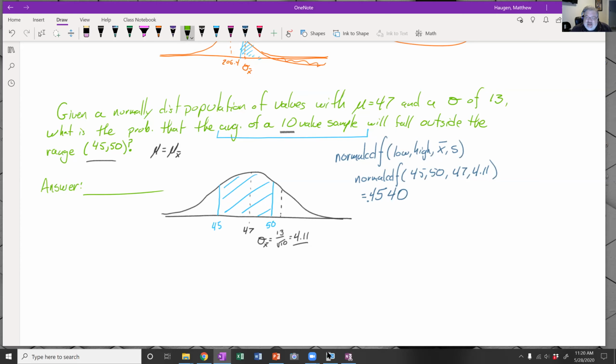Now, if you did it as -1E99 for both of them and then subtracted, you should get that same value.